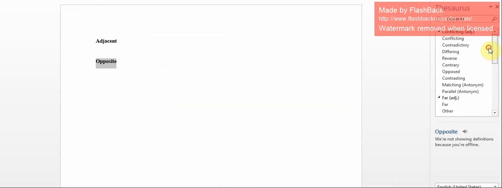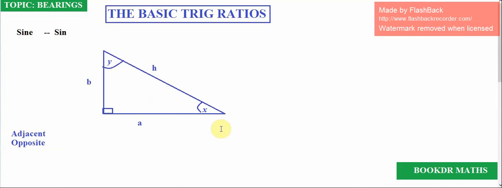I wanted to see whether I will get a word like face to face. Opposite means something that faces another thing. I'm living opposite to your house, that means my house is directly facing your house. So if this line is adjacent to X, then obviously B will be opposite, facing X.